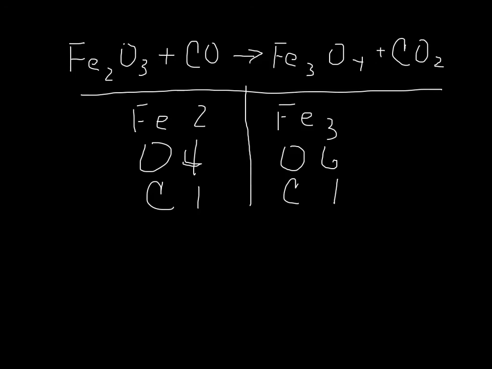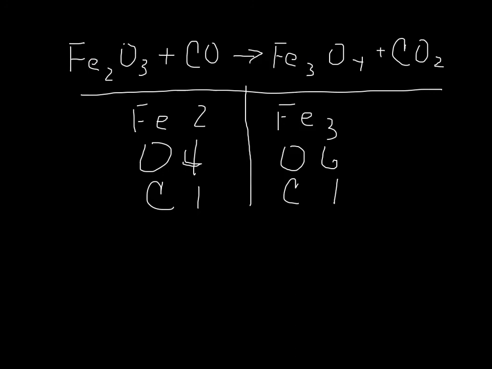We have 2 irons on the reactant side, we have 3 on the product side. So we have to get the same number of iron atoms on each side of the equation. Well, the best way to do that is to come up with a number that we can multiply by each 2, the smallest number we can.